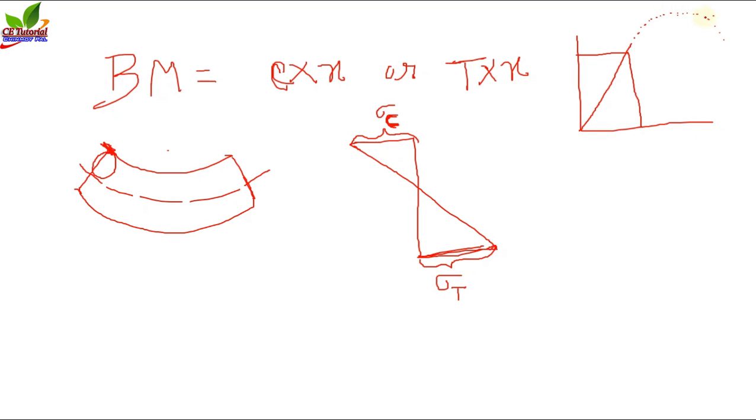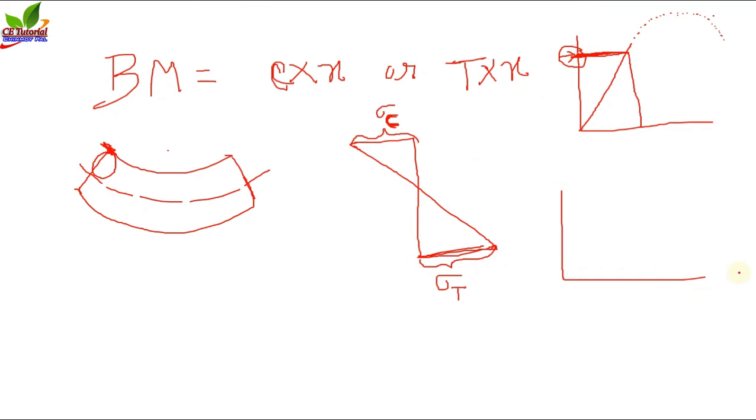Now we can say that the topmost fiber is under the highest compressive stress. So if the value of sigma c exceeds this amount, the material will fail, because concrete can resist only this amount of stress.